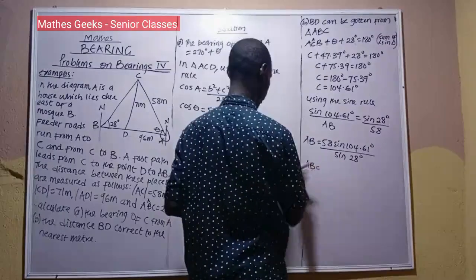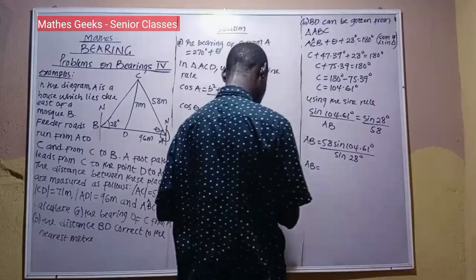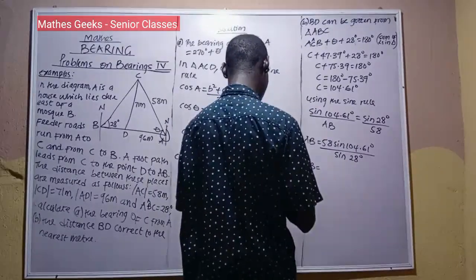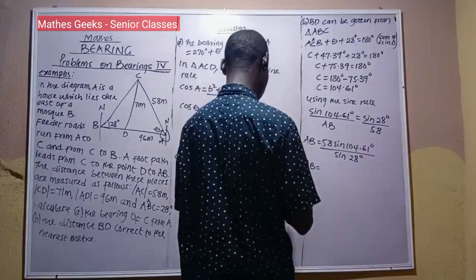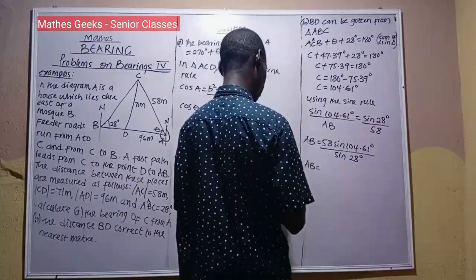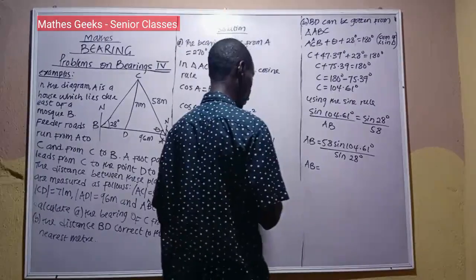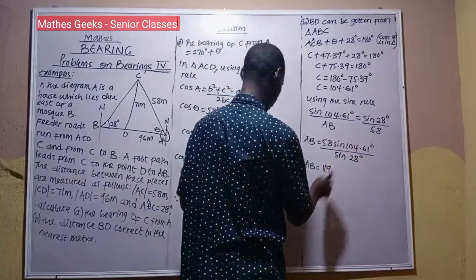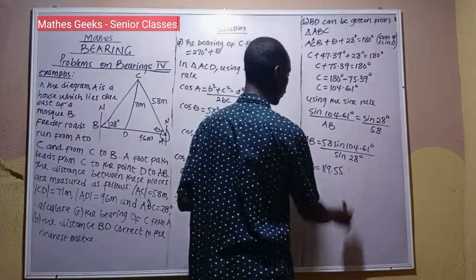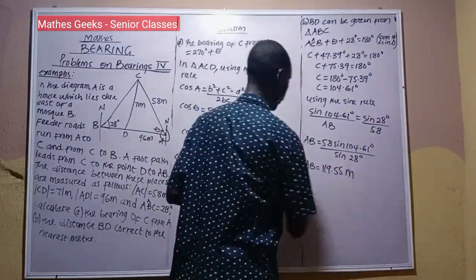So AB is equal to 58 sine 104.61 over sine 28, which is 119.55 meters. So that's AB.